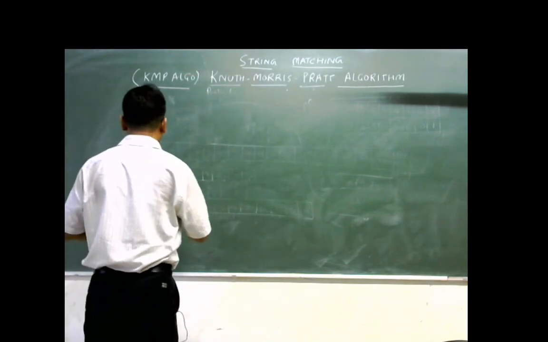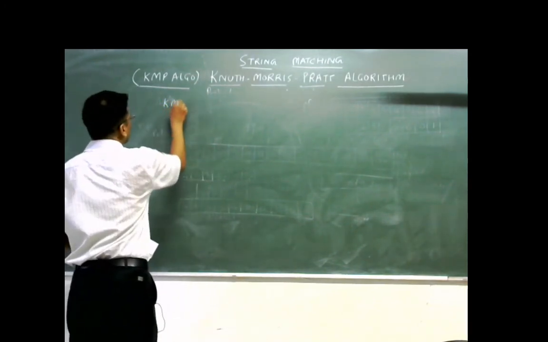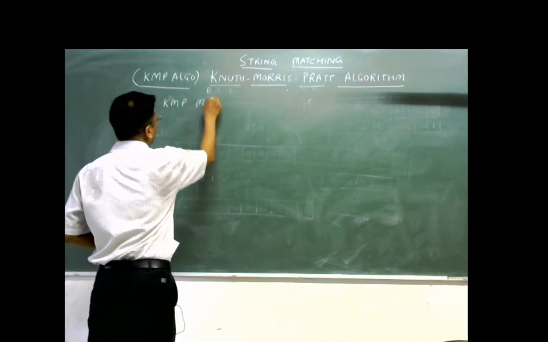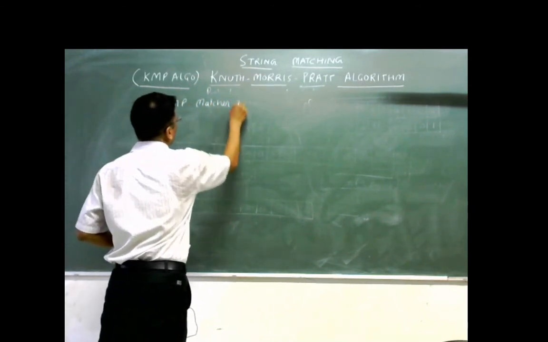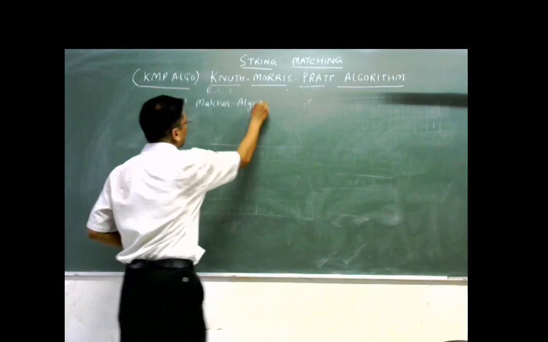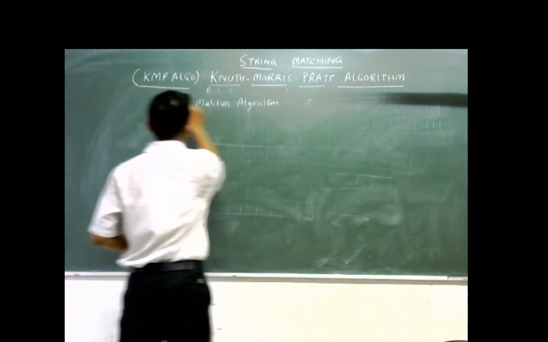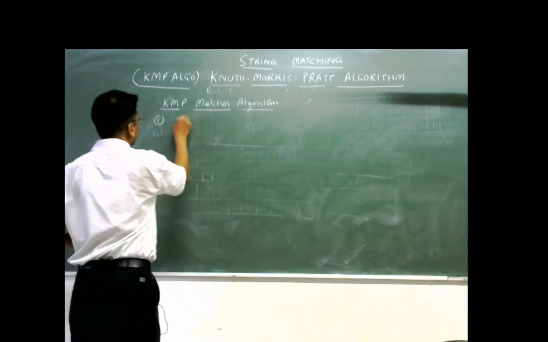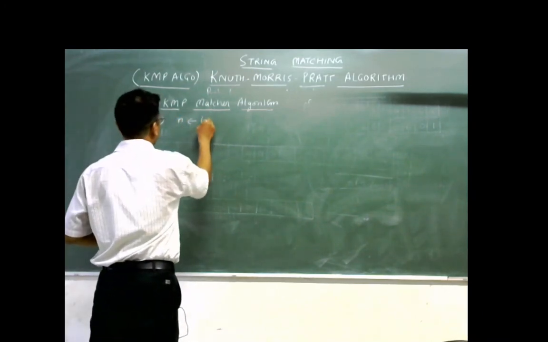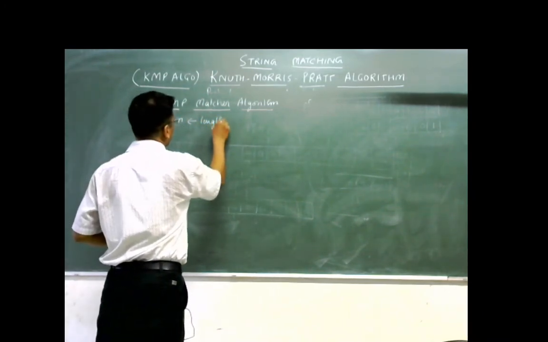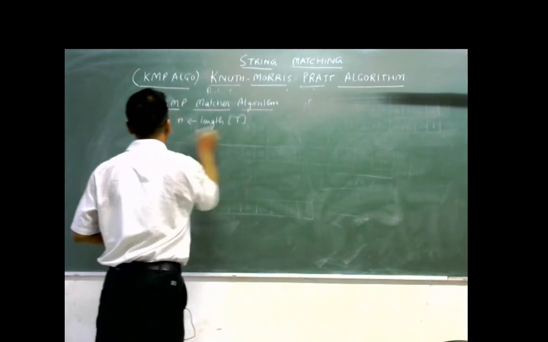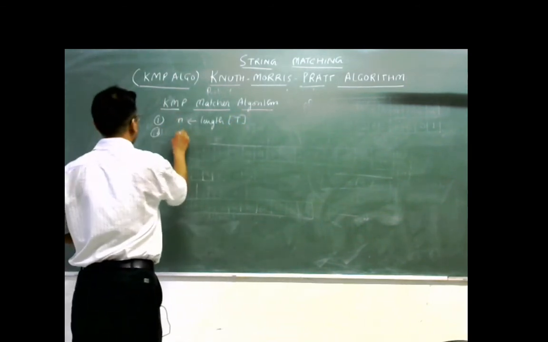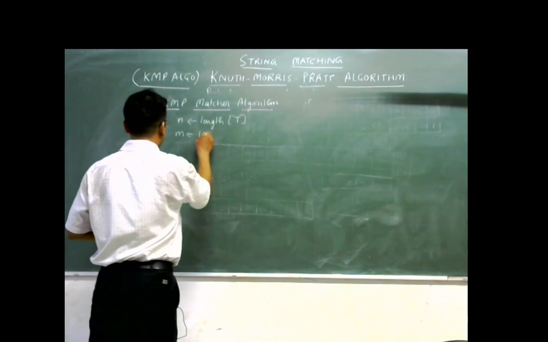The final KMP matcher algorithm is first instance to length t and tends to length p.